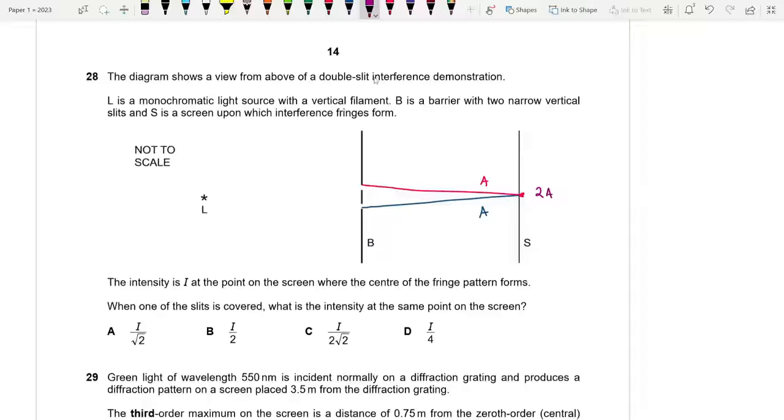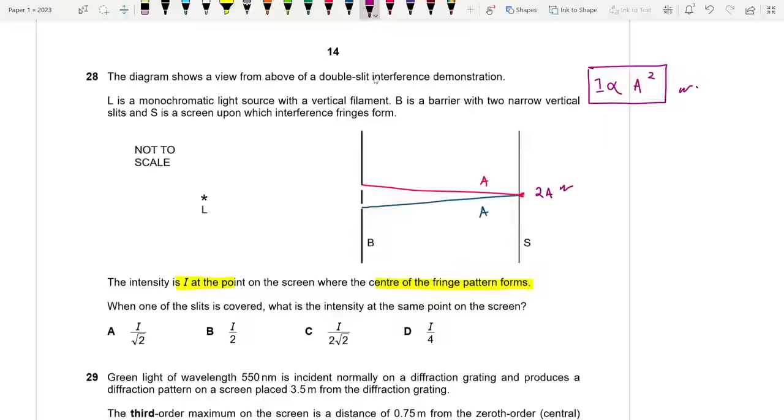And we know that the relationship between A and I is that intensity is proportional to amplitude squared. So initially, the intensity at the center of the fringe is I, corresponding to amplitude 2A. I is proportional to A squared.